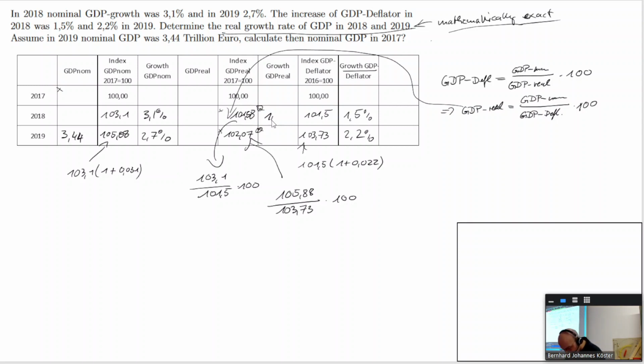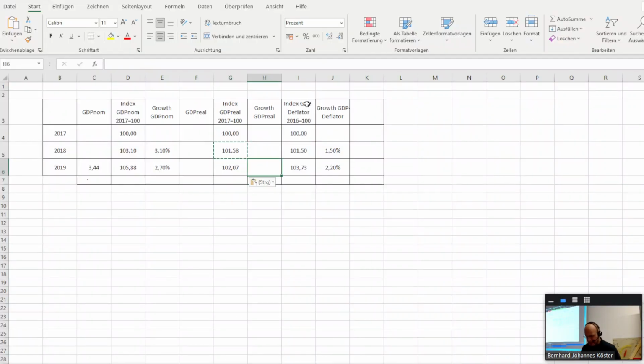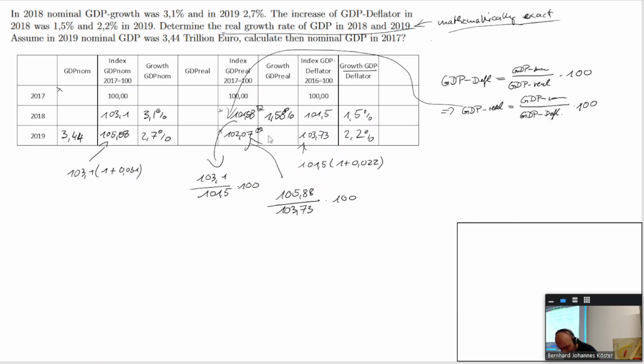Well, and then we know that this is 1.58%. From 100 to 101.58 is just 1.58%. Okay? So this one is then this number over this number minus 1. And here we obtain 0.49%.